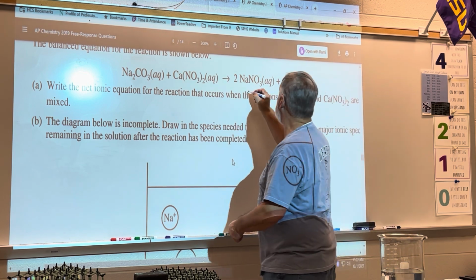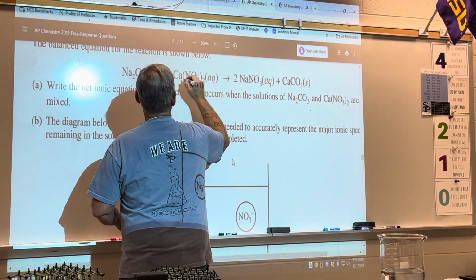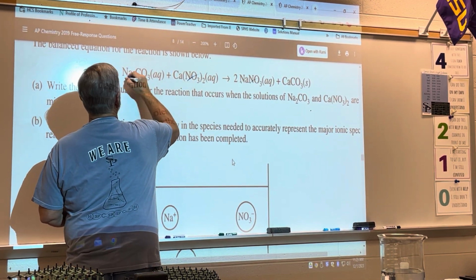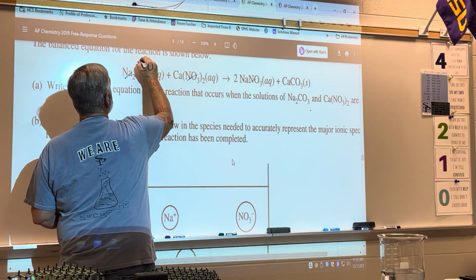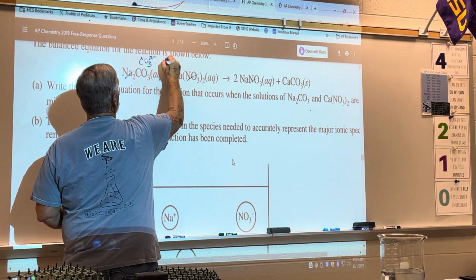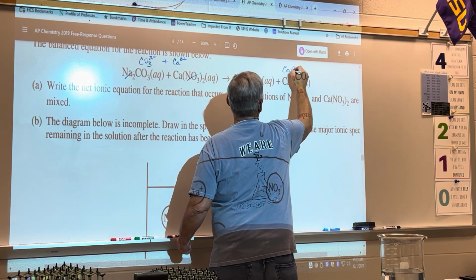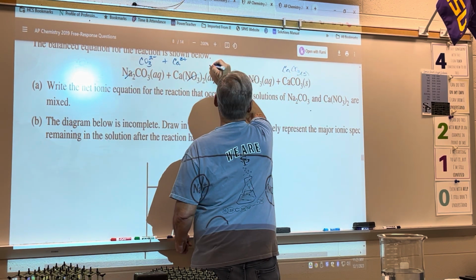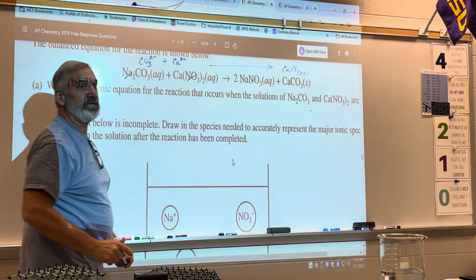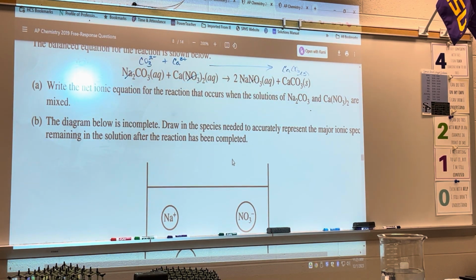I know that these are my spectator ions, the Na and NO3. So my net is going to be CO3 2 minus plus Ca 2 plus going to CaCO3 solid. That's my net ionic equation. I just get rid of my spectators. Okay, so that one's pretty straightforward.